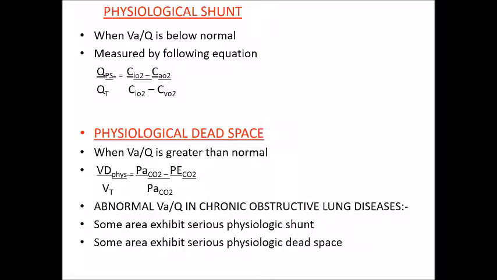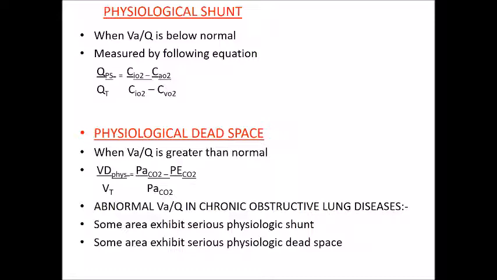So the blood in the pulmonary capillaries is not getting enough oxygen. So this deoxygenated blood will enter into systemic circulation and this is called shunting of the blood. Now you can see the equation here, and by this equation you can calculate the value of physiological shunt.